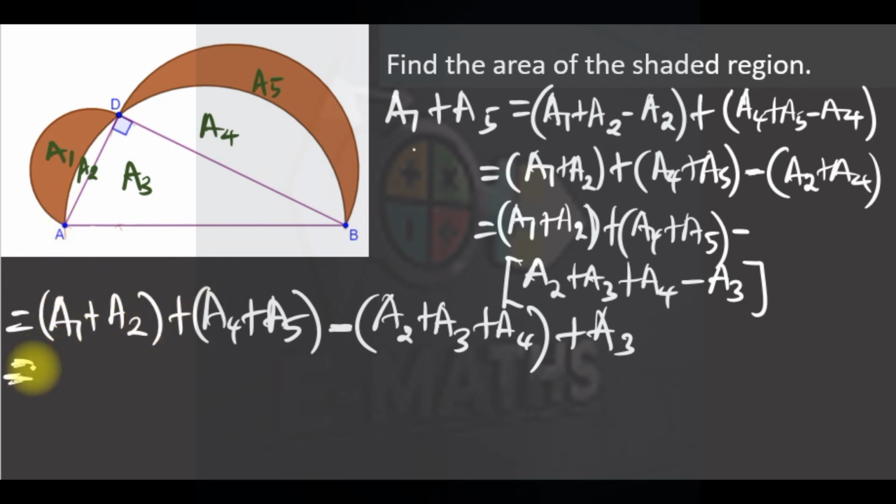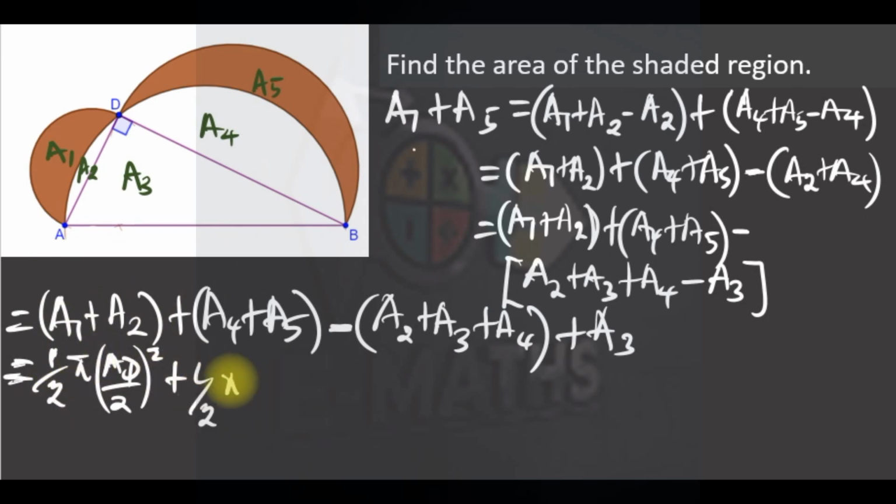So you know the area of a semicircle is half the area of a circle, which is half pi, the diameter is AD over 2, all squared. Do you get? Because AD is the diameter, so the radius is AD over 2. This is the area of this one.